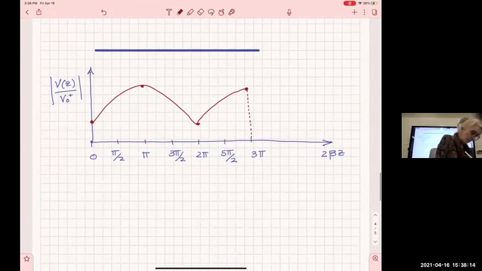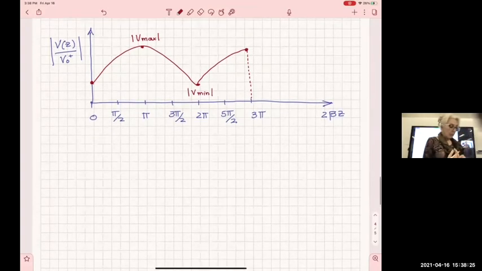So I have a V max here, and it's normalized. Obviously, I have a V min here. Now, on the basis of that, what you see is the following. If you run a lot of experiments like this and you change the value of the load, you will see that the peaks go higher and the dips go lower.